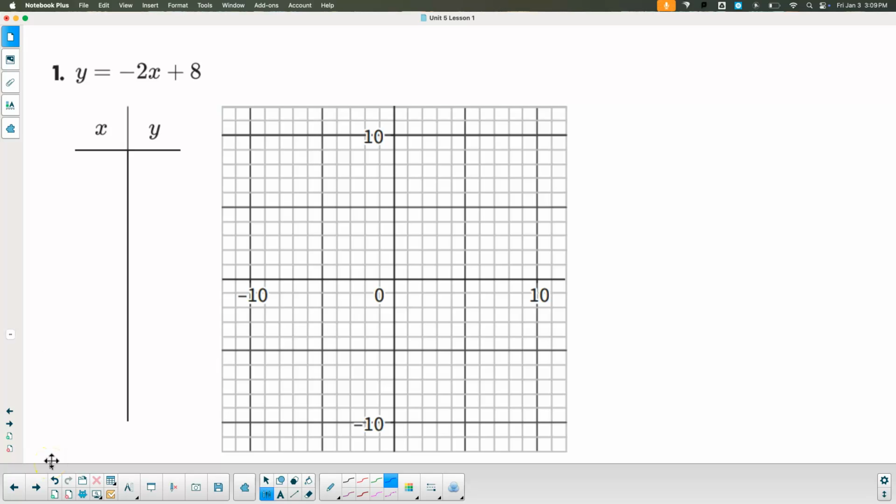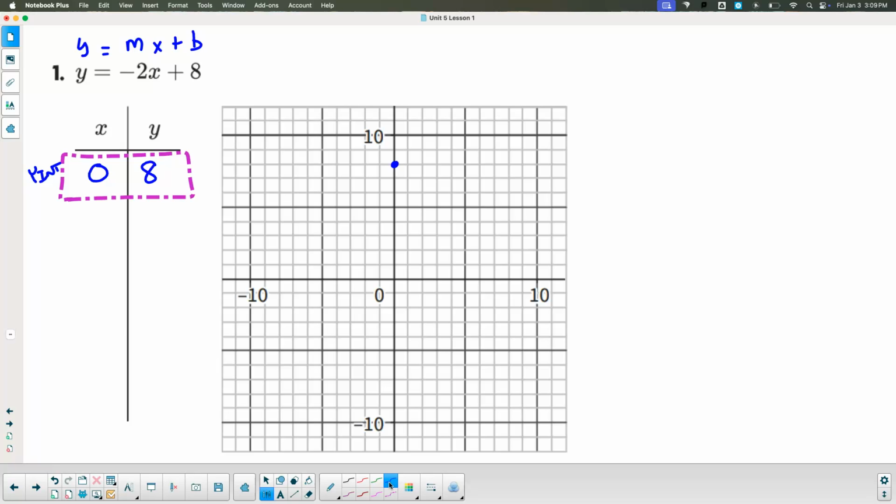So this one has a y-intercept of 8. That's my y equals mx plus b. If I go y equals mx plus b, then that means that at 0, 8, that would be one of my intercepts. This would be the y-intercept, which would be at 8 right there.